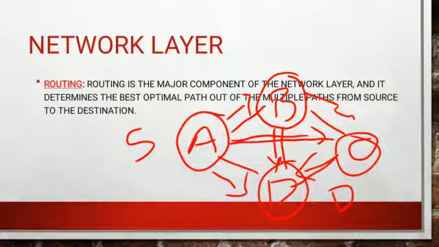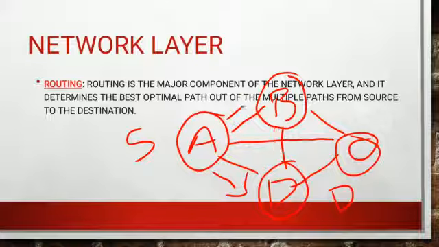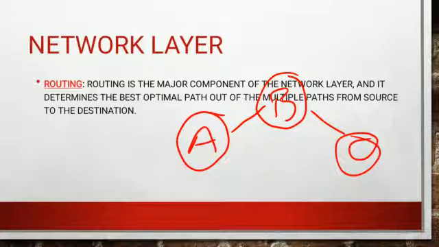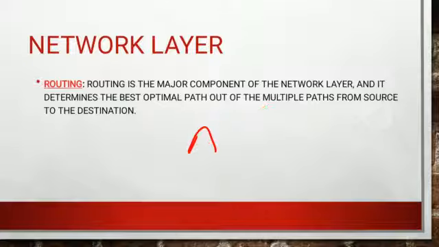So we need to find the shortest path, and that will be decided in the network layer. We find the shortest path by using various algorithms to transmit the data from source to destination.